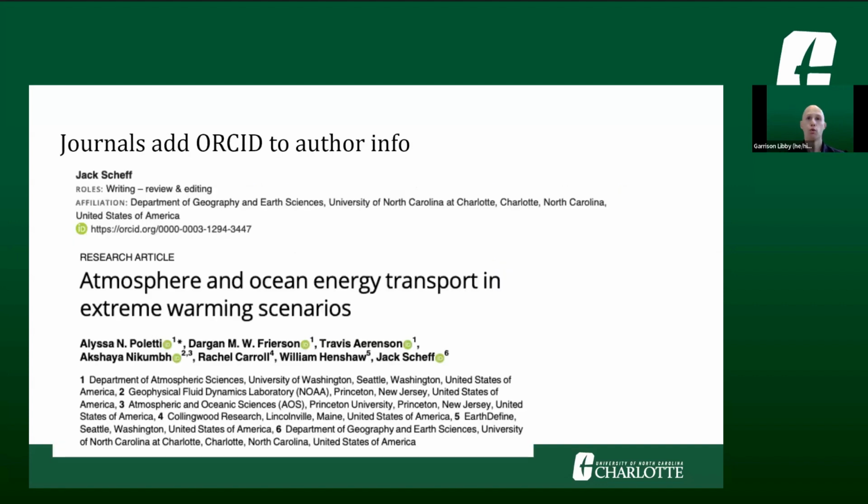Many journals will now add your ORCID to the author info. So many journals, when you pull up the record page, you will see, like we've got an example here of an article, and on that journal's page, it does link to the ORCID. So as a researcher, if you are doing research and you find an article, it's also a good pathway for you to see what else that particular author has written.